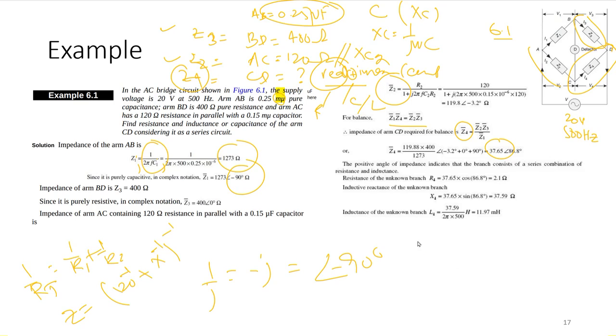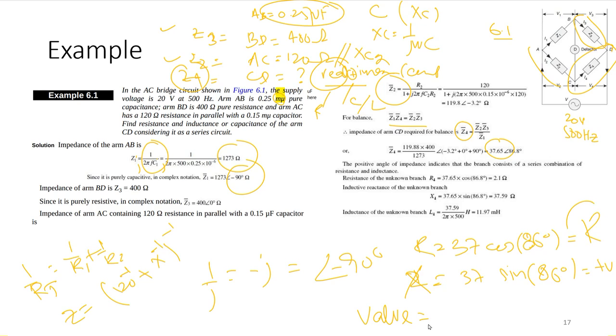We have two components of this. The first one is R, which is 37 cos 86 degree, and the second one is X, which is 37 sine of 86 degree. This will give us some values, and the second value turned out to be positive. Positive value means that it is an inductor. The first one gives us the resistance.